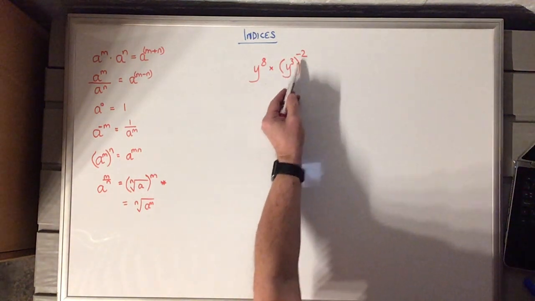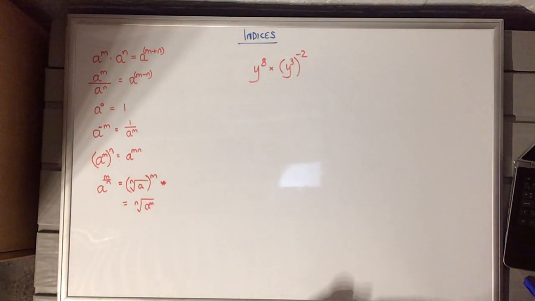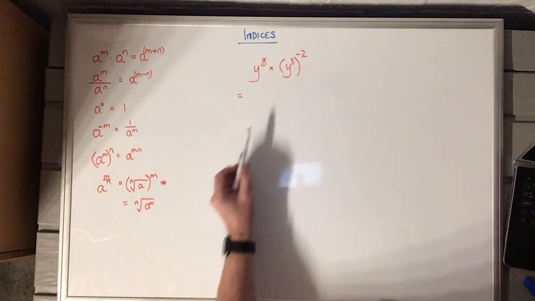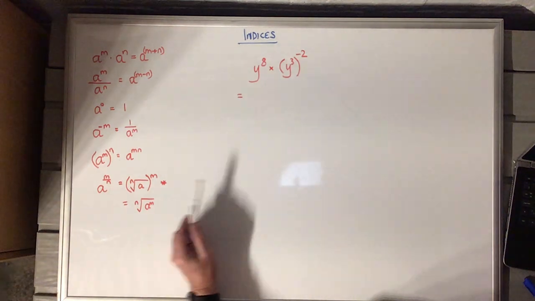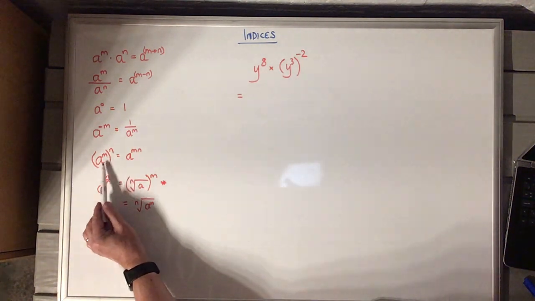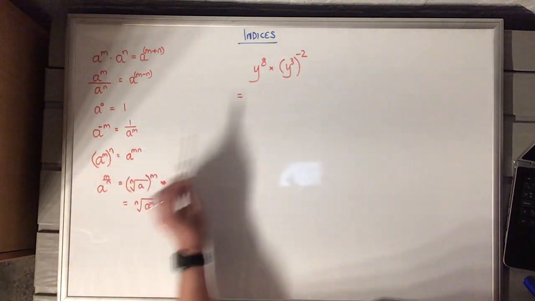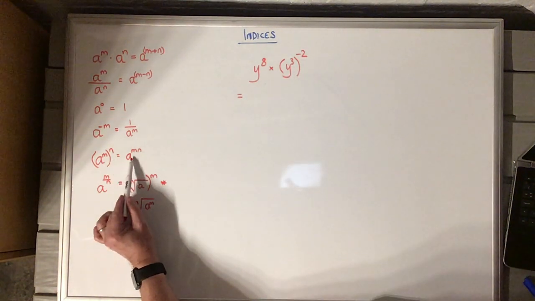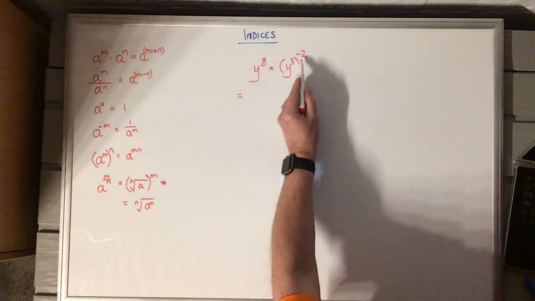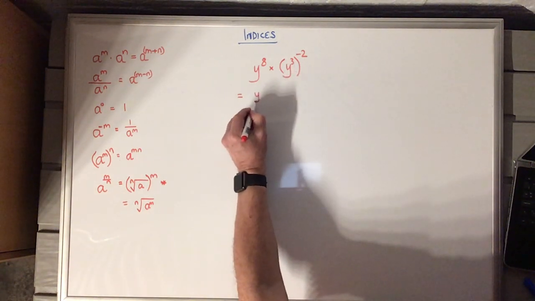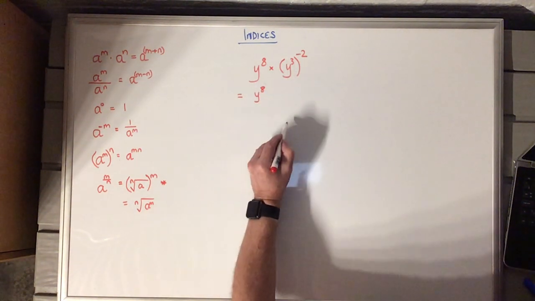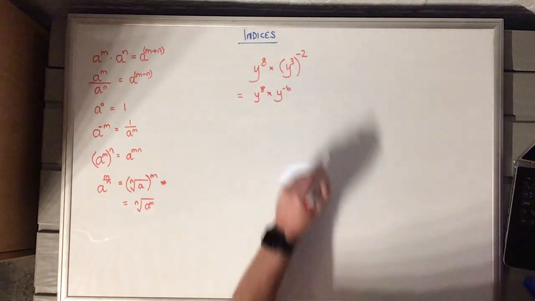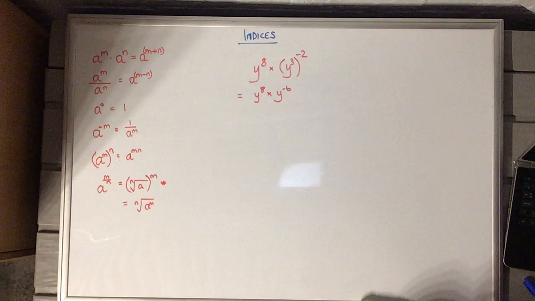So I have to do this one first. So let's deal with that first. But how do we do that? Well, look at the rules. You should find out that that's that rule there. That's called a power of a power. We've got a power to another power. The rule tells me that I multiply the two numbers together. So that's y to the power 8 times y to the power -6. 3 times -2 is -6.